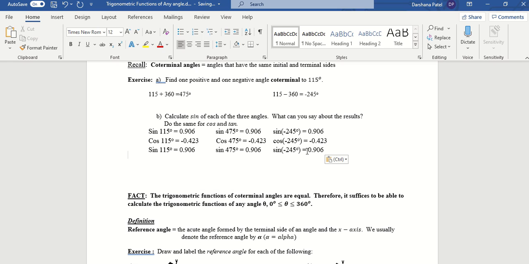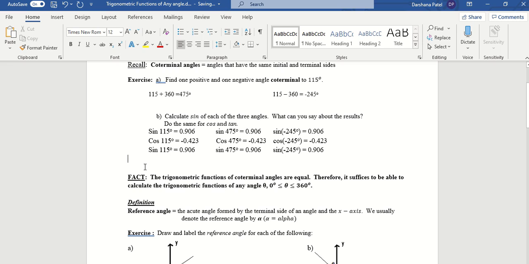And lastly, let's do the same thing for tan of those. Tan 115 degrees is negative 2.145. Let's do the same thing for tan of 475 degrees. We get negative 2.145, and lastly for this one, we do get negative 2.145.